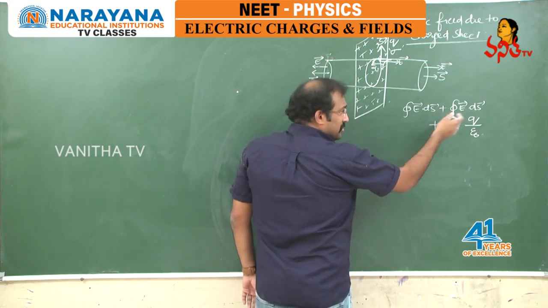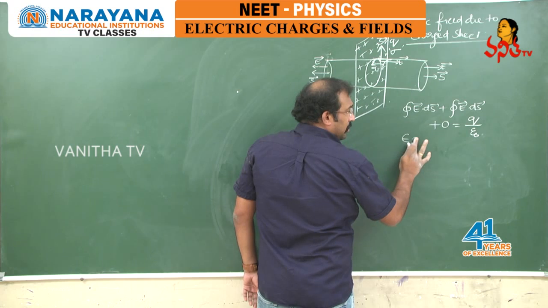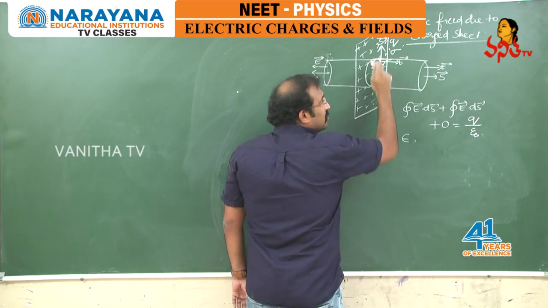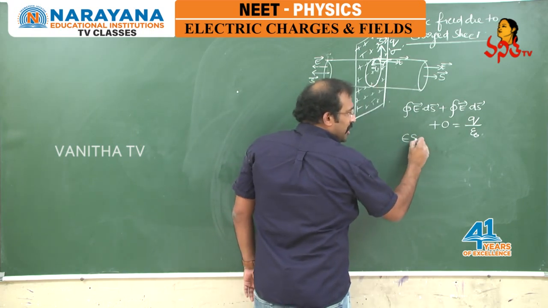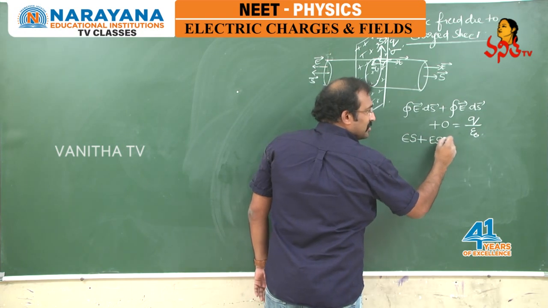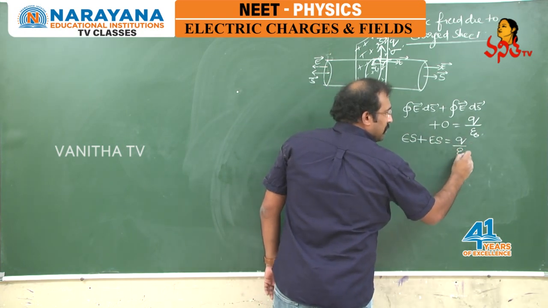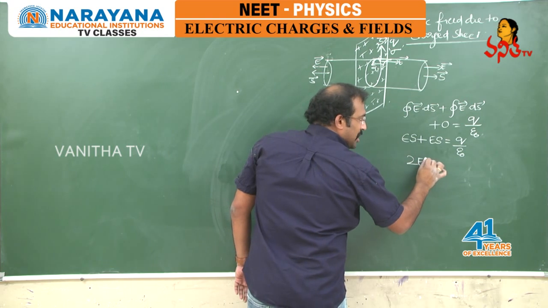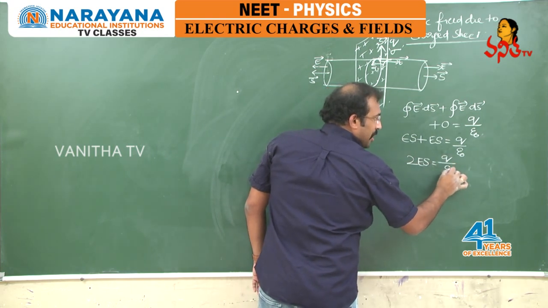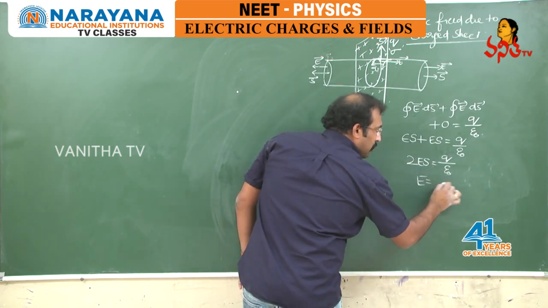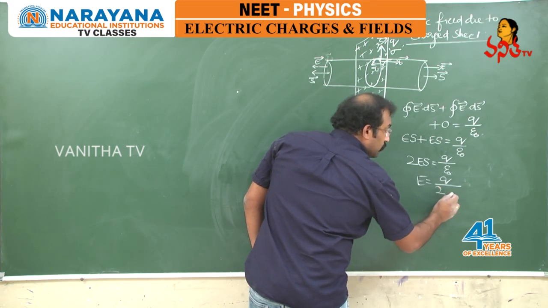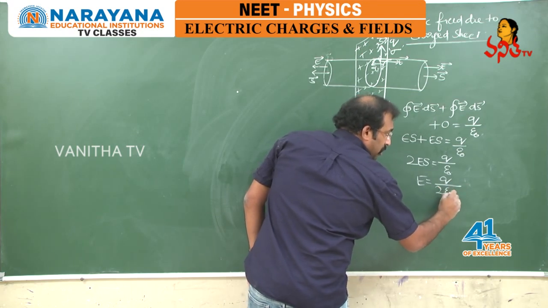So E into ds, E is constant. Due to this, Es plus Es is equal to Q by epsilon naught. 2 Es is equal to Q by epsilon naught. E is equal to Q by 2 epsilon naught S.